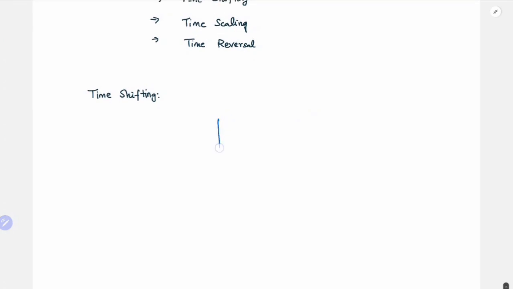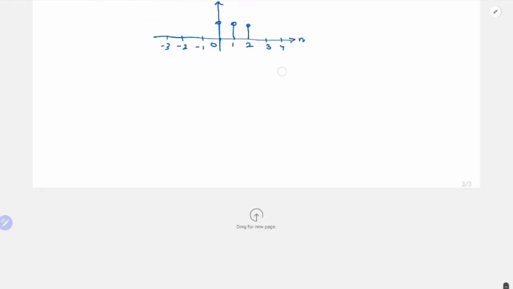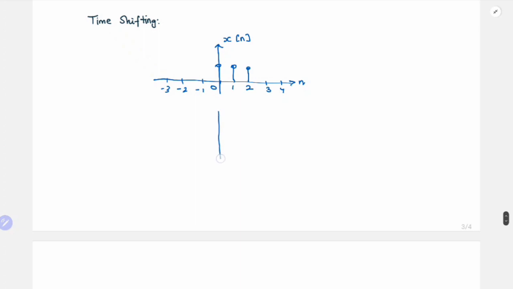Let us consider a signal x of n. This is n, and let's say it is given by this kind of pulse-like structure. So 0, 1, 2, 3, 4, minus 1, minus 2, minus 3. Now we'll just try to shift it by some t units.